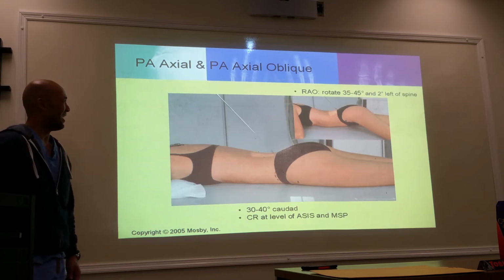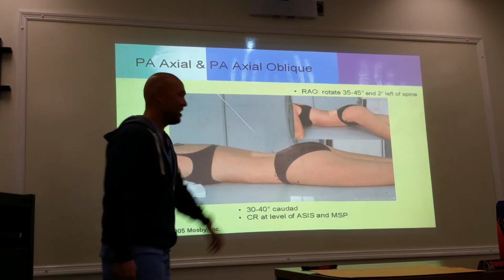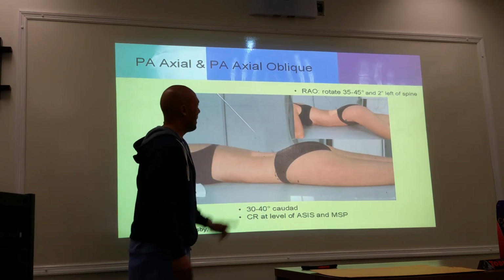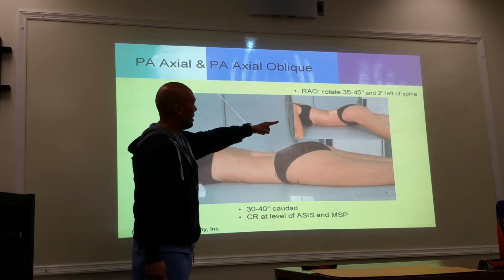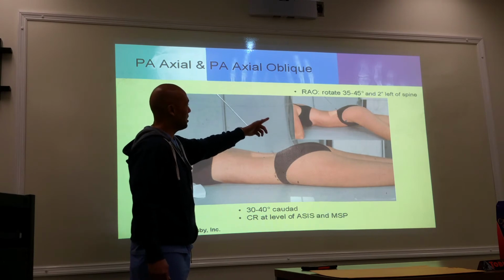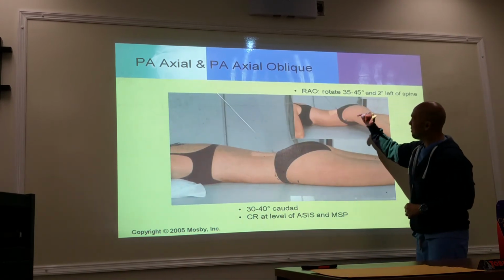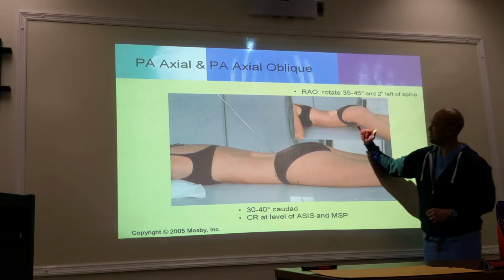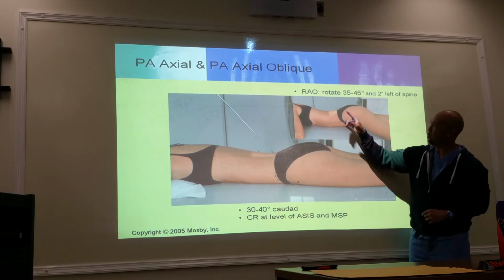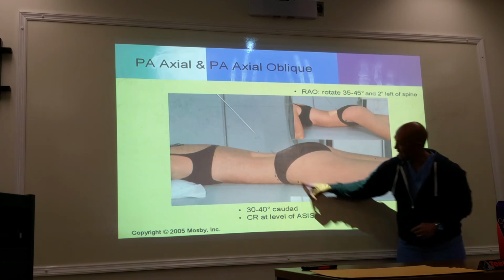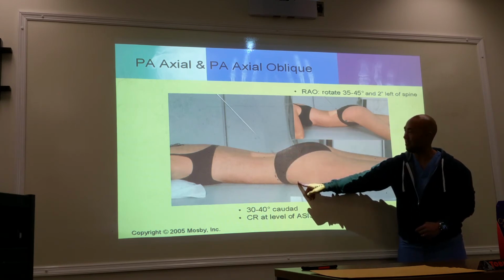All right, and then here's the opposite. So reverse angulation, and instead of LPO, we're doing RAO. Here, the central ray again is going to be directed 2 inches. When they're prone, it's a little more difficult to visualize because their ASIS is anterior. So you're directing it as if the ray is exiting the ASIS.